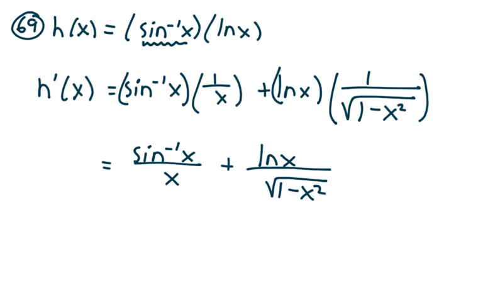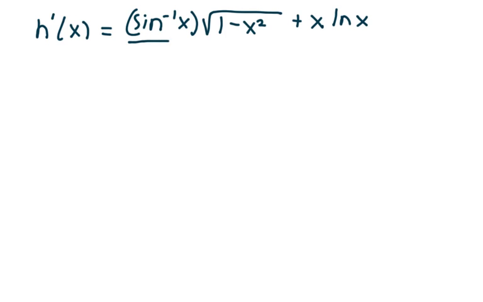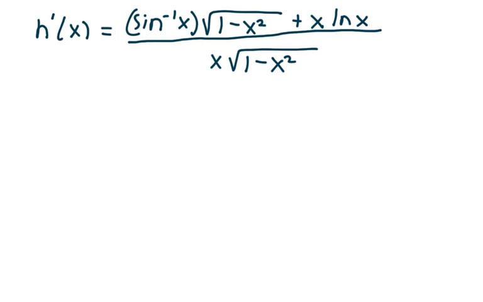So h prime of x is arc sine x times the square root of 1 minus x squared plus x times natural log of x, and then I'm going to divide by x times the square root of 1 minus x squared. So that's how you would write it as a single fraction.